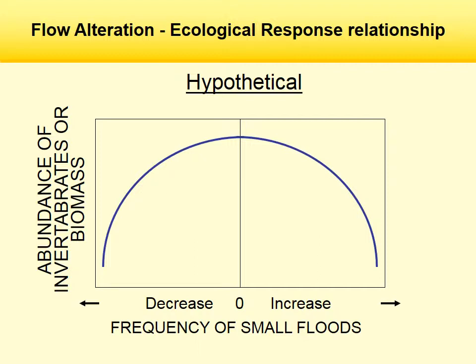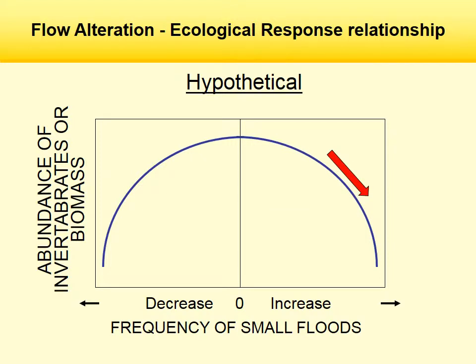And much of the literature tends to support this with invertebrate communities in different types of systems. So, for example, as we increase the frequency of small floods, if we think about invertebrate abundance overall, we can expect there to be a decrease in abundance.